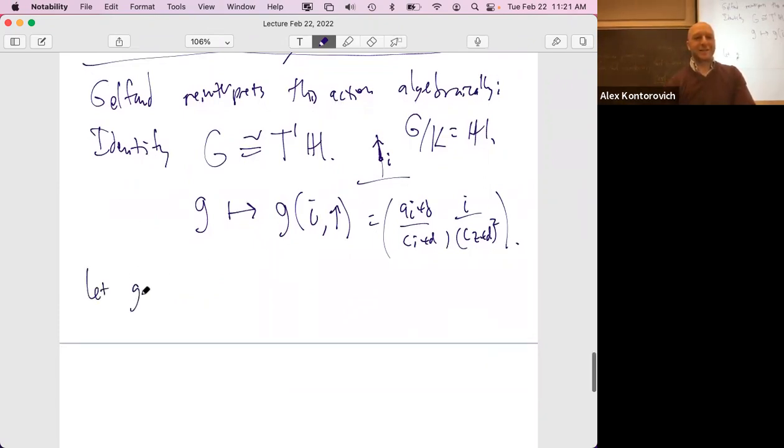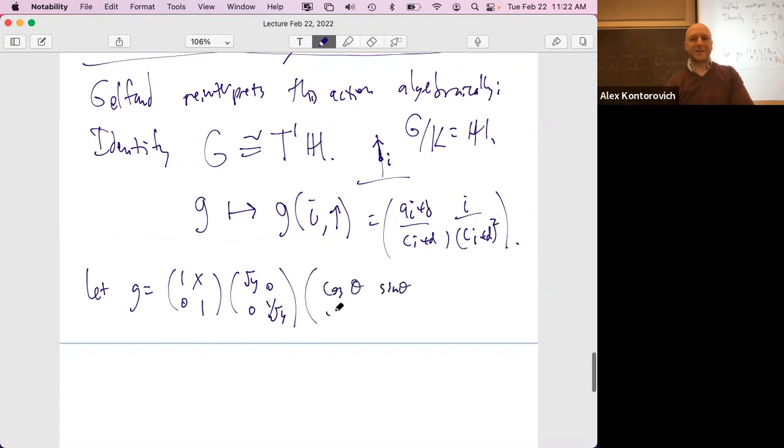Let g equal, as we saw last time, we can decompose things as N, A, and since I'm in SL2, now I have to put square roots instead of allowing myself to write 1 and y. It should be ci plus d. Yes, thank you. Z is i, thanks. And then I have a K, a compact element. So I can write this as N_x A_y K_theta.